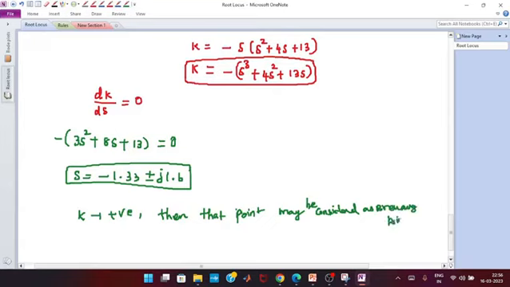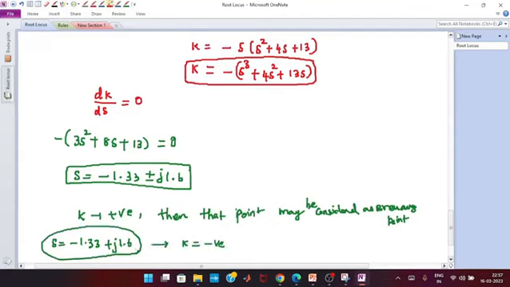But in this particular problem, if I substitute s = -1.33 + j1.66, that is the one point. If I substitute that value, we are not getting k positive, we will be getting k negative.